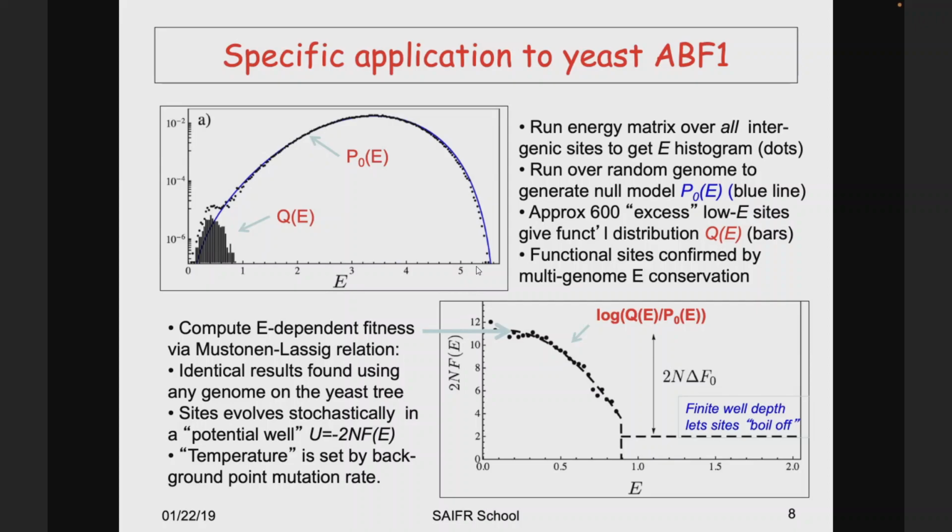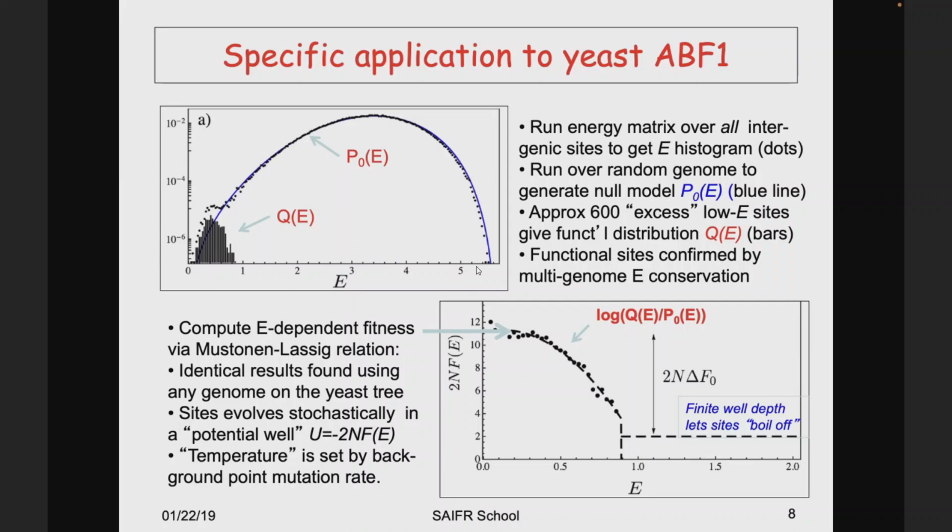It's the enhancement ratio once you've gotten to a low enough energy that the genome is no longer looking like a random genome. The observation you can make is that the log of that ratio is the fitness function of energy. That's the thing that makes these sites show up in your histogram at an anomalous rate.